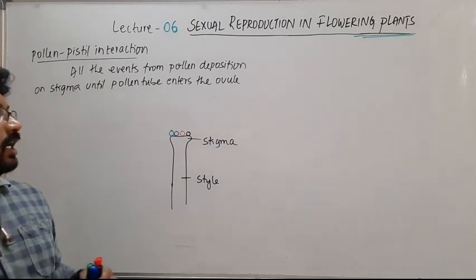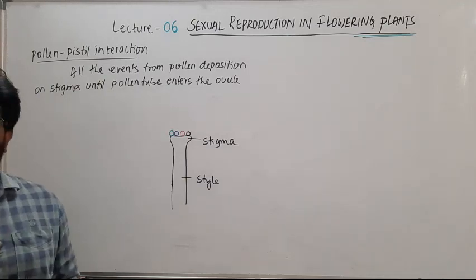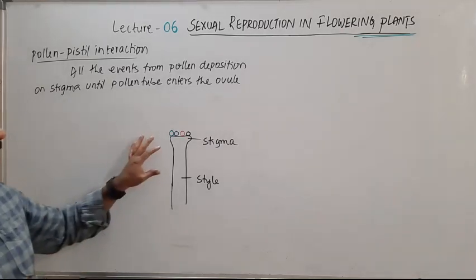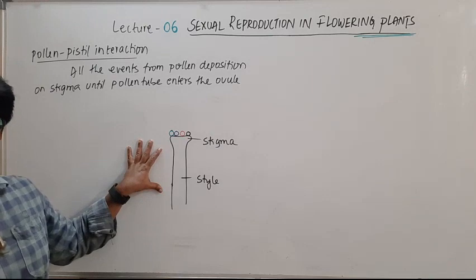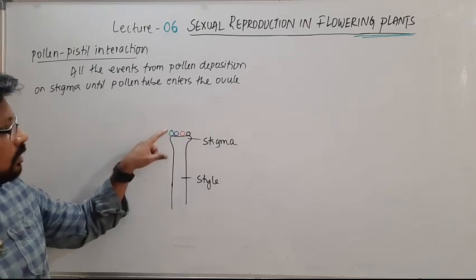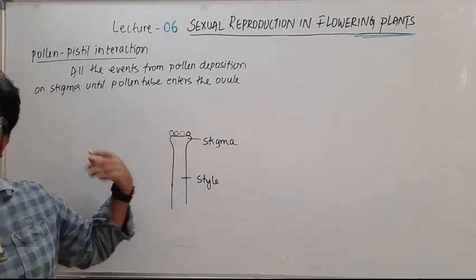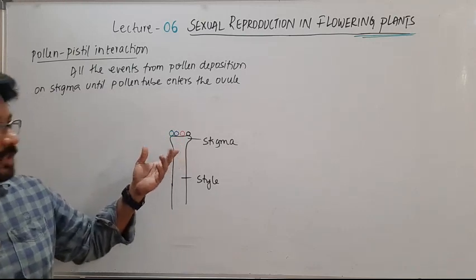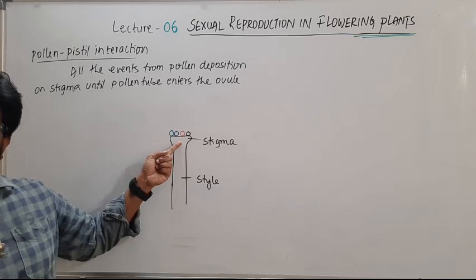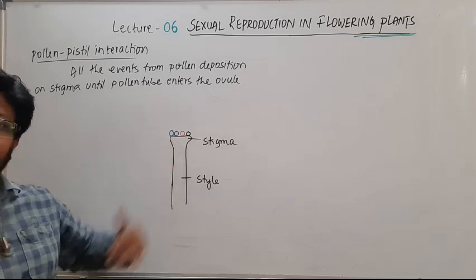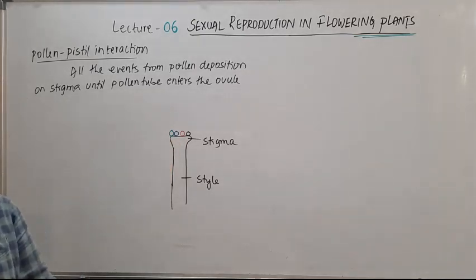There will be many different types of pollen grains that come and settle on the stigma. So the plant should have the ability to identify, out of these various pollen grains, what is the right type of pollen.